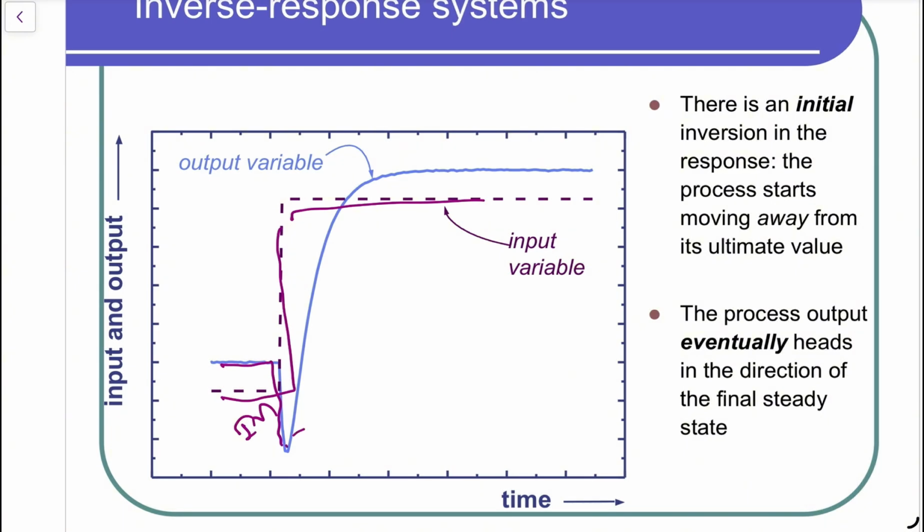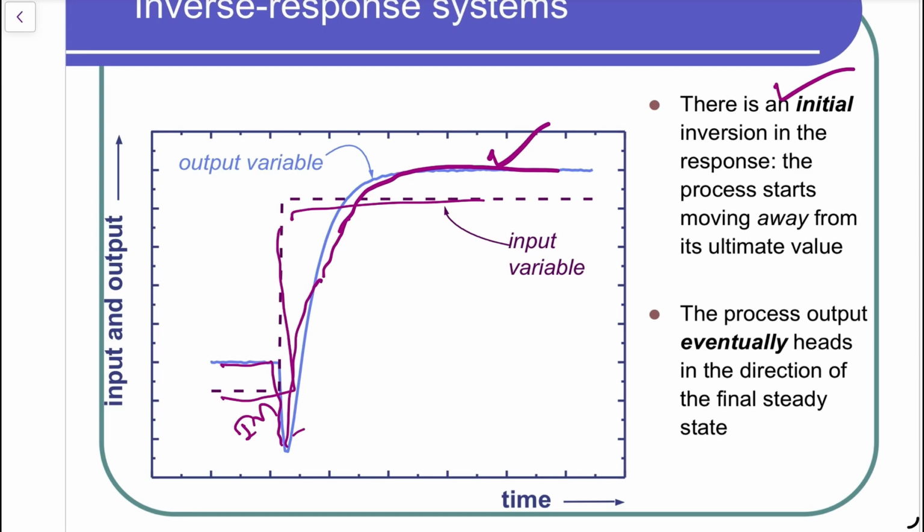After that, the slower dominant mode starts taking effect. Then the output reverses direction and finally settles at a new steady state value. So the key observation is that the initial response is in the opposite direction, and the final response is in the correct direction.